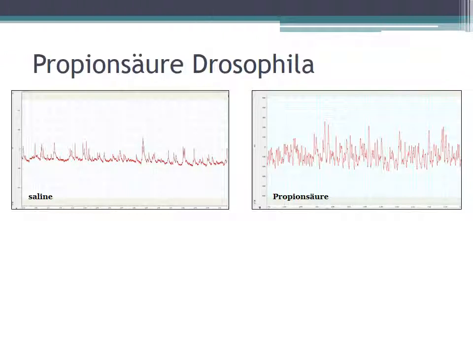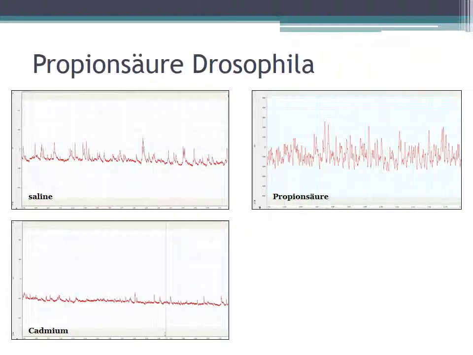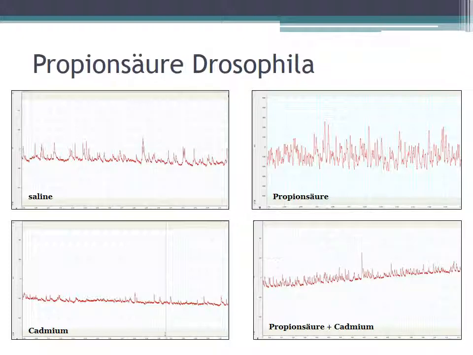A potent calcium blocker for the voltage-gated calcium channels is cadmium. If you add cadmium to the normal saline, you get a strong decrease in minis, as you can see here. But if you add propionic acid and cadmium together, you can see that the minis are still there. So you still get a response with minis. Somehow the propionic acid also has to facilitate the calcium release from inside of the cell.